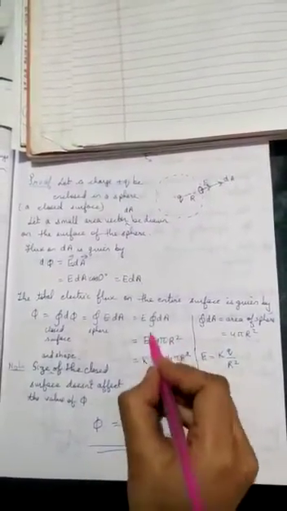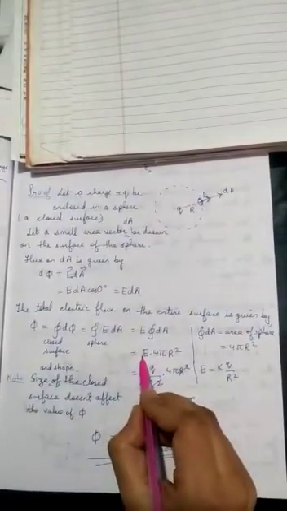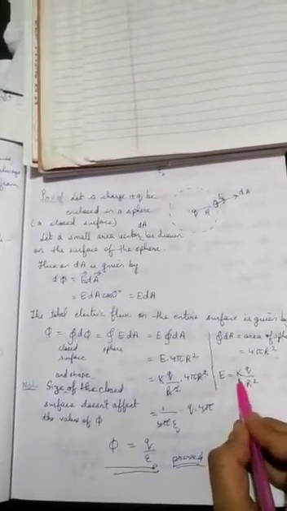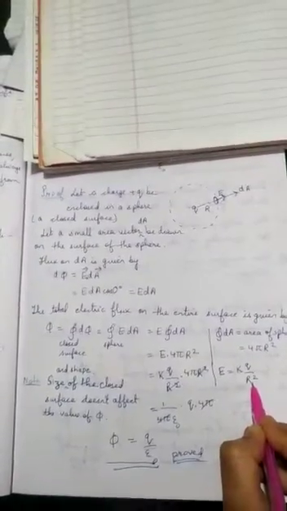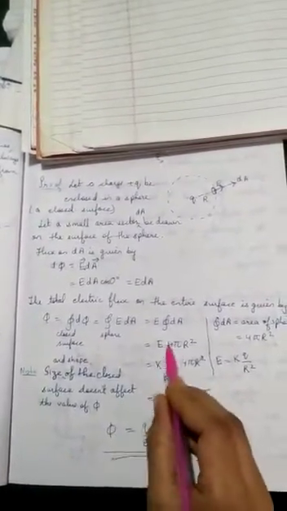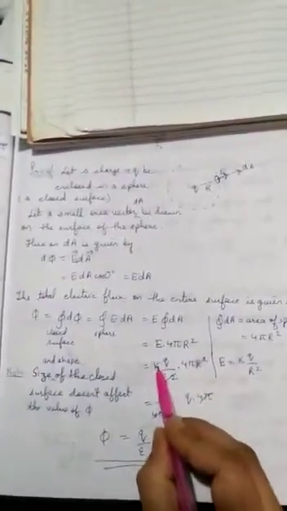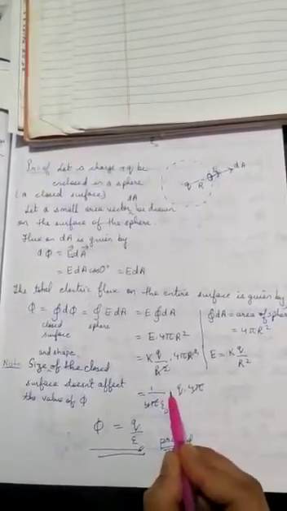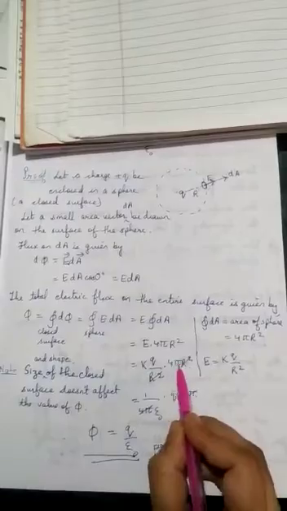Now, we will rewrite this E from the basic formula for electric field intensity. The formula for E is kq by r square, which we have already done when we were doing electric field intensity. Replace it here in the next step. Now, in place of k, we will write 1 by 4 pi epsilon naught, times q, times 4 pi r square.